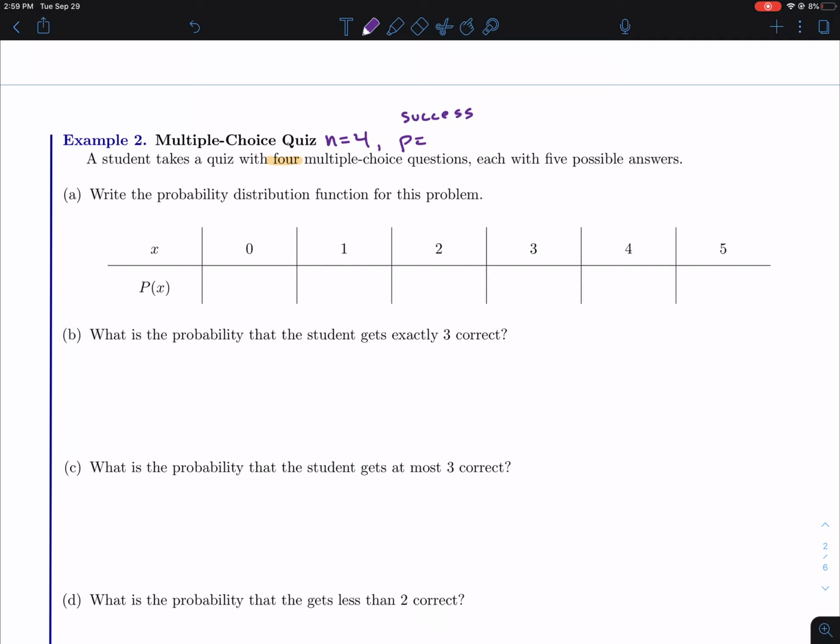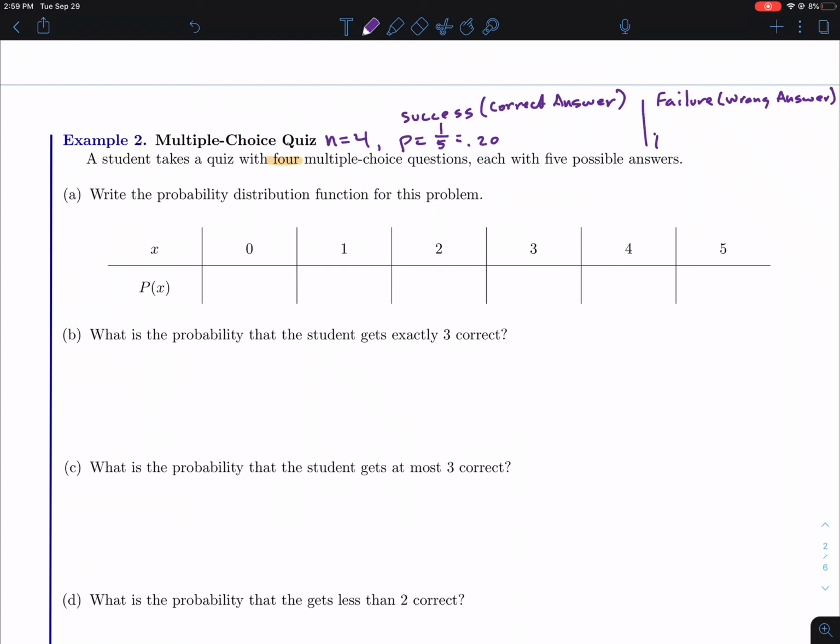So success would be a correct answer, and failure would be a wrong answer. Since there are 5 possible answers, the probability of success is going to be 1/5, or as a decimal, 0.20.